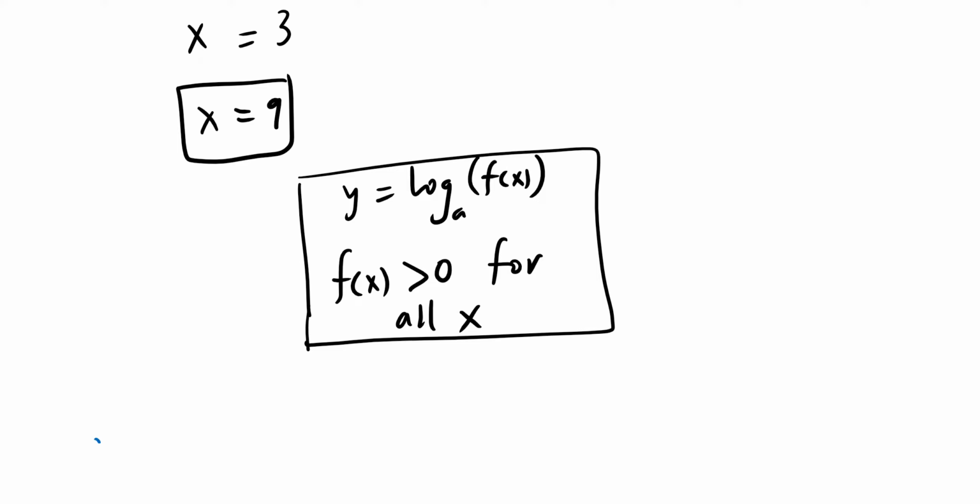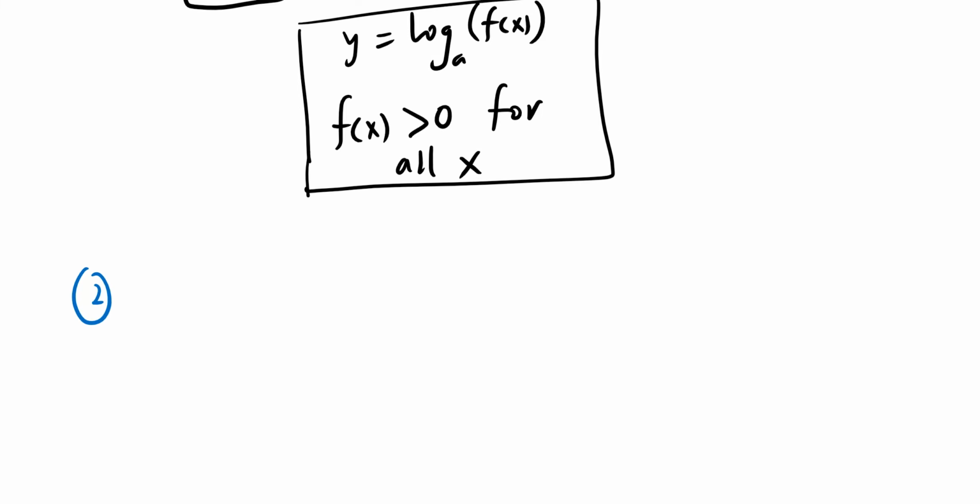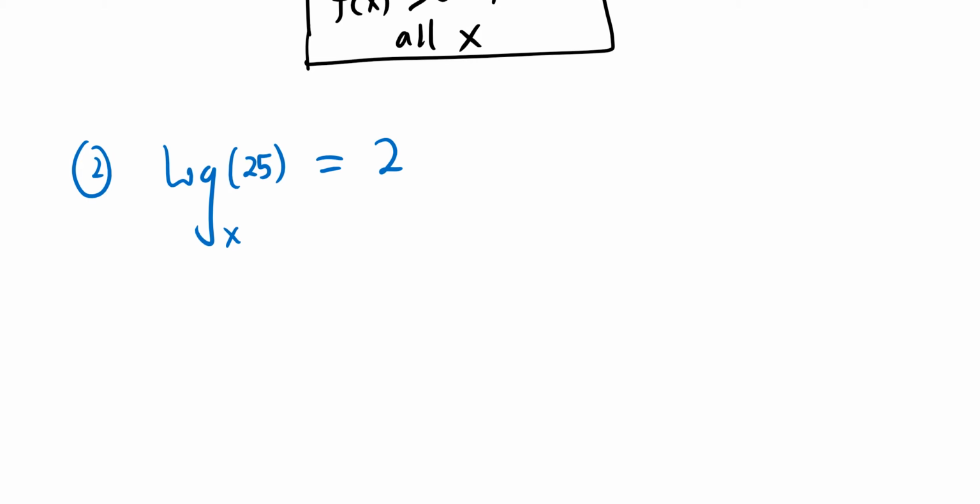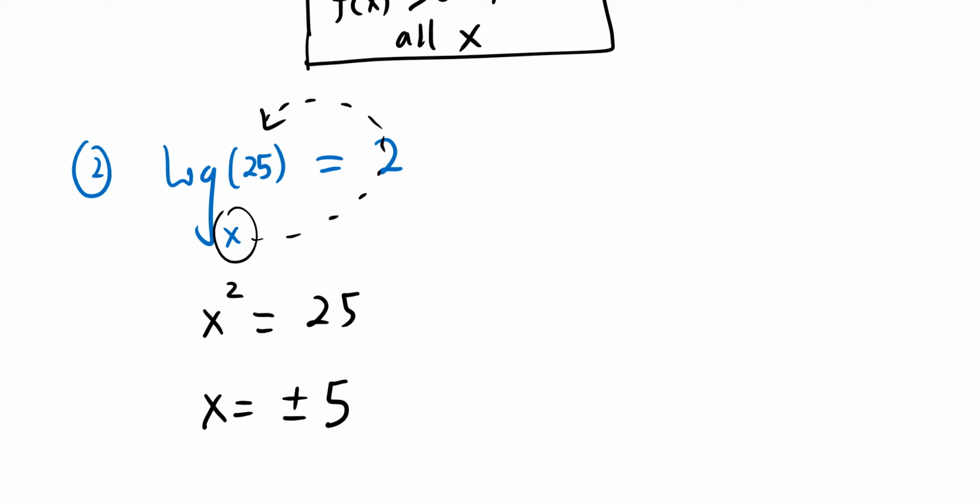Let's look at another example, example 2. Log, let's make the base x, of 25 equals 2. So how do you solve something like this? Again, definition of logs, x squared equals 25. So what is x? x is supposed to be plus or minus 5.